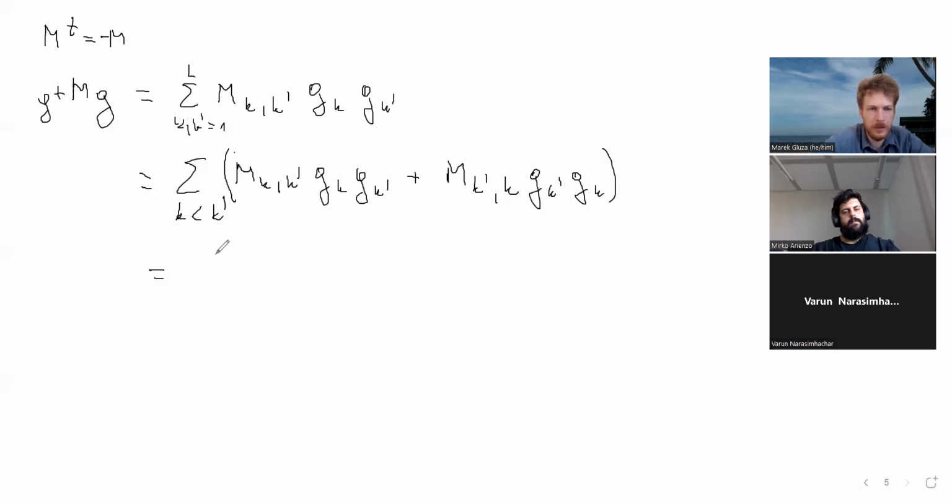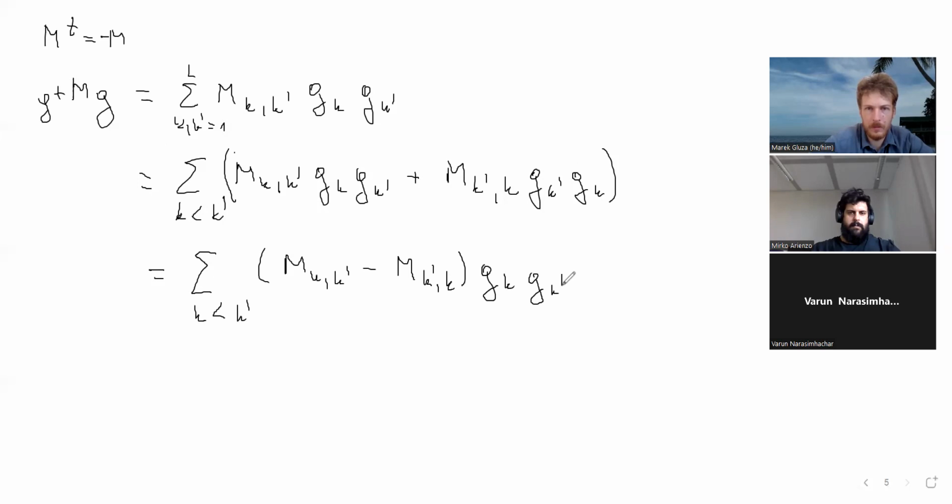So this is basically equal to the sum over k smaller than k prime of M k k prime minus M k prime k, and here I can already order it g k g k prime.